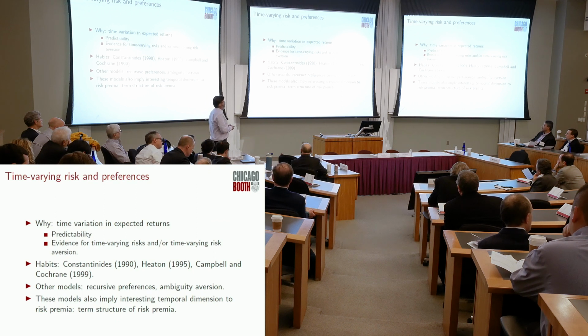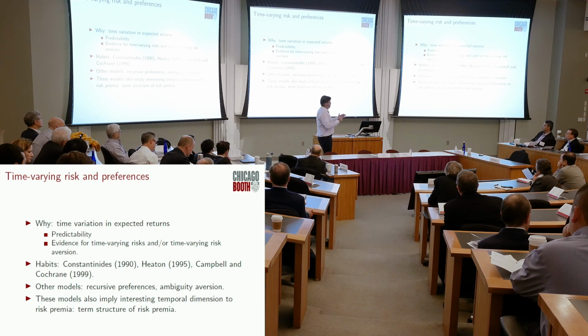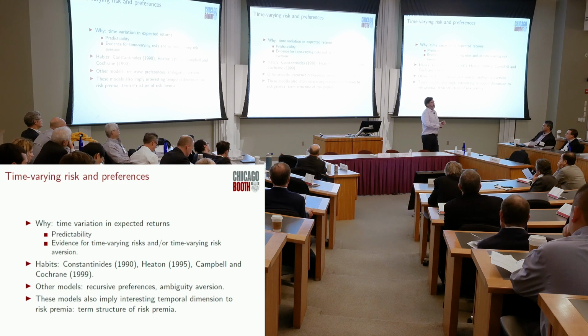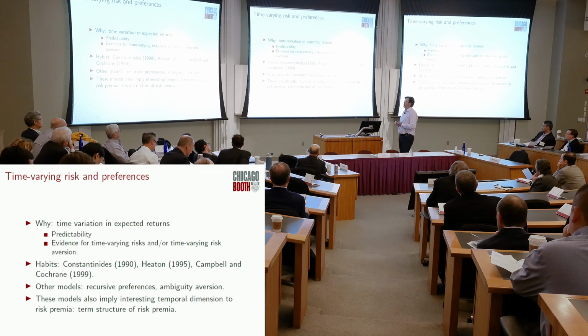And then Campbell and Cochrane take this setting and show with a very simple endowment model that even with unpredictable consumption, you can get some substantial time variation in expected returns, high risk premia, and so on.